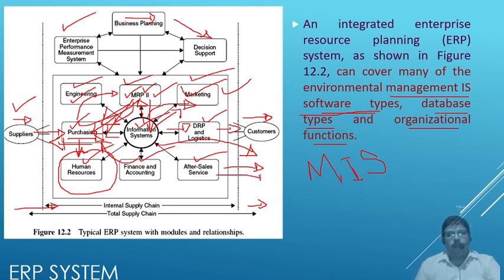If you purchase a laptop, they will say you register with Dell or Lenovo, whichever company you are purchasing from. That registration is your information, which you provide to the enterprise, so that they can know whether you are a customer of their product or not. That is also information.